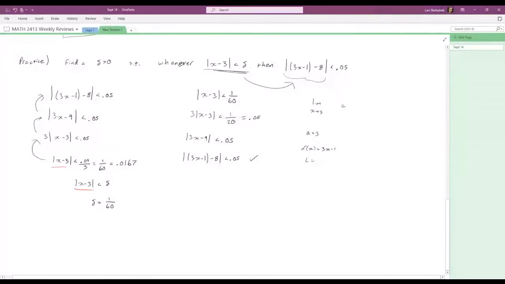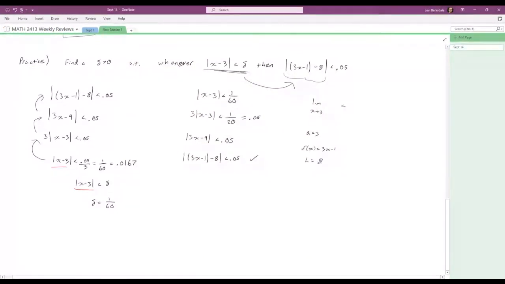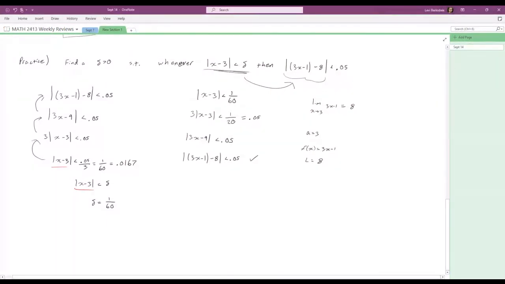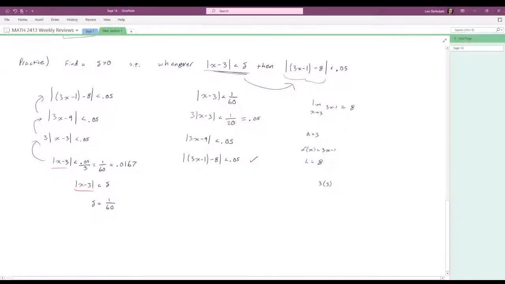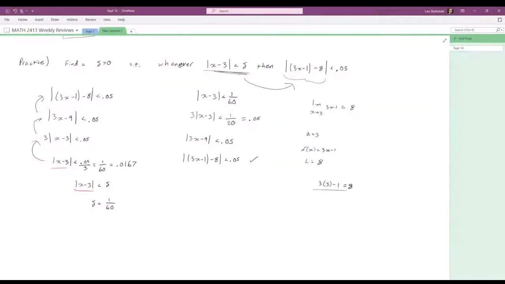All right. And finally, what is the limit? 8. Perfect. Yep, all good answers. And of course, if we wanted to double check that we had the right limit, we could just plug in 3 into 3x minus 1. 3 times 3 minus 1 is, of course, 8. But then we went ahead and proved this limit.